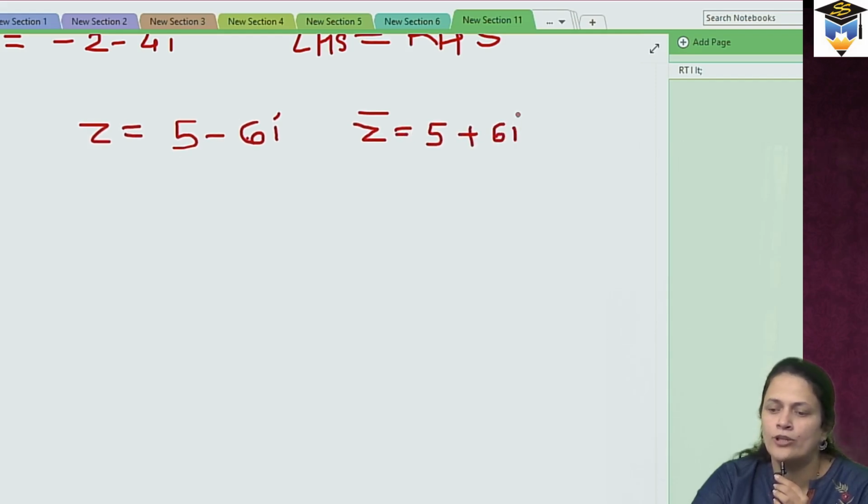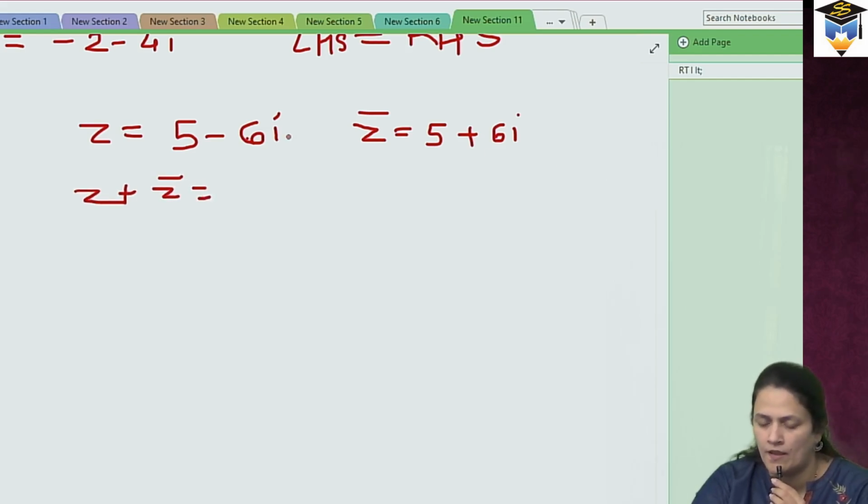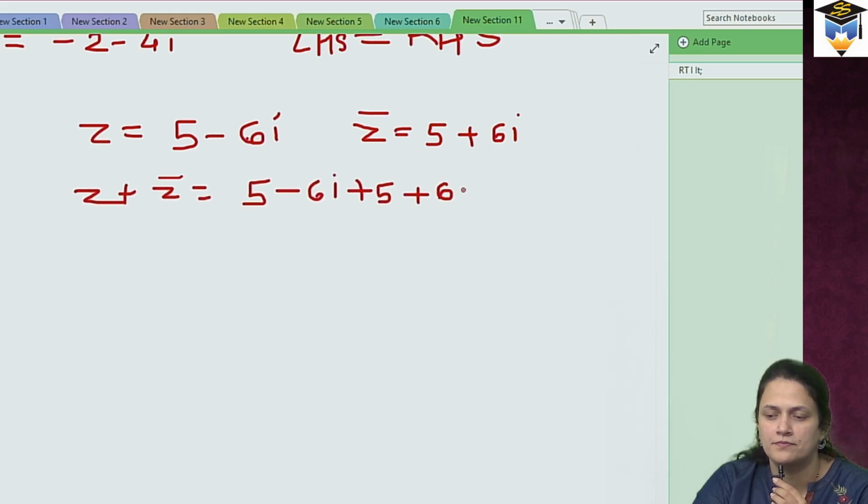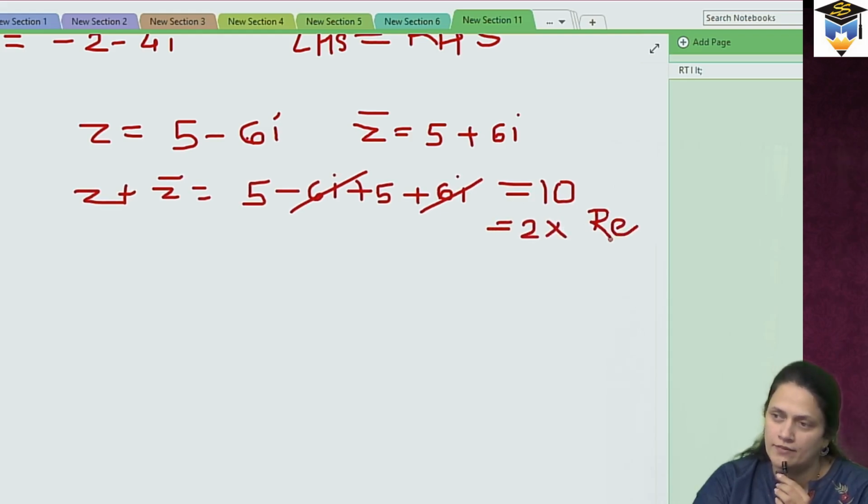So now when you add z plus z bar, a complex number with its conjugate, what answer am I going to get? So this and this are going to cancel. Answer is going to be 10, which is nothing but 2 times the real part. Correct? Because the real part is 5.